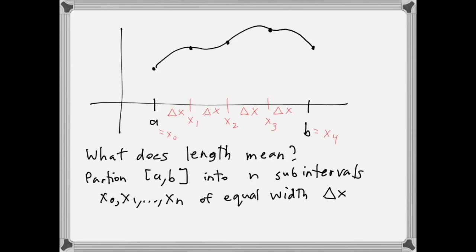Now, we still have not discussed, though, how to actually define the length. So here's going to be our strategy, okay? What we can do is call these guys points. So this could be considered point 0, this would be point 1, point 2, point 3, and point 4. And what we could actually do is connect these guys with line segments.